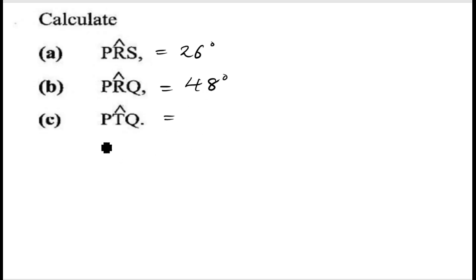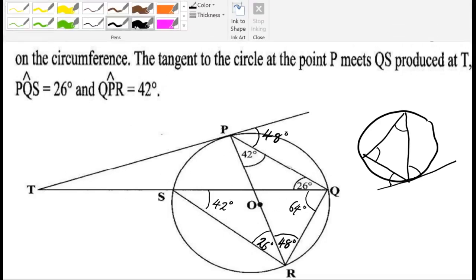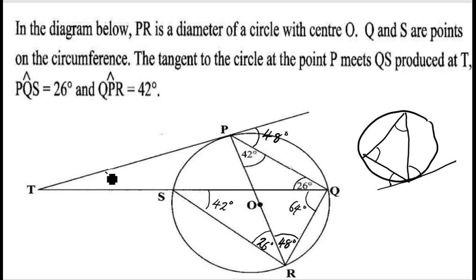And the last angle is PTQ. So they want that angle there. They want us to find this angle PTQ. PTQ is going to be found by applying the fact that all this angle we found to this angle is equal to all this angle here, which is 90 degrees.